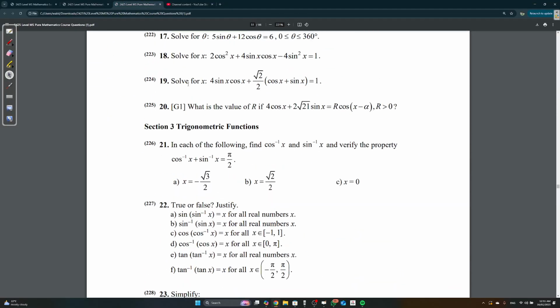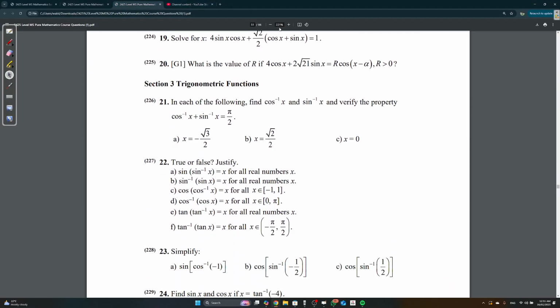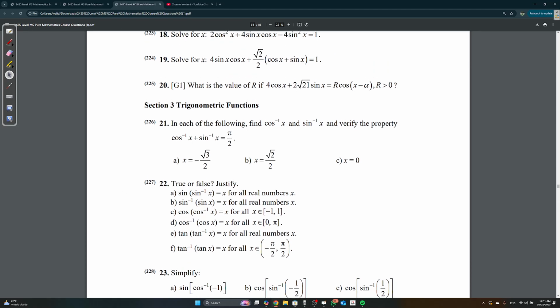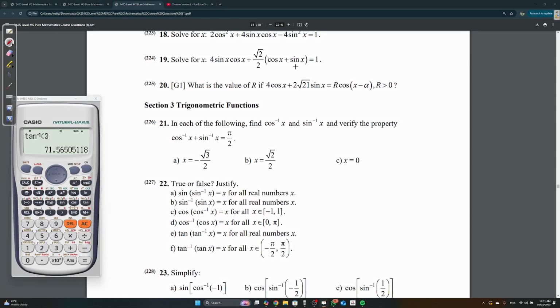Okay. Over here. What is R? Okay, this is very easy. What is R? Whenever you have a cosine x plus b sine x, you can rewrite it as R cosine theta minus alpha. Whoa, that's shitty handwriting. R cosine theta minus alpha.